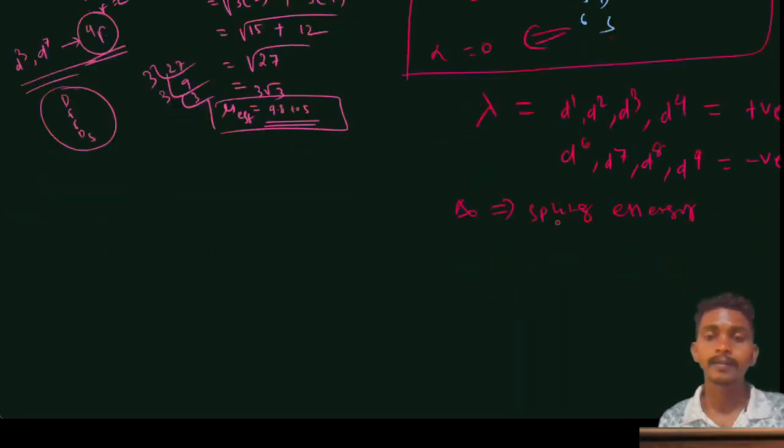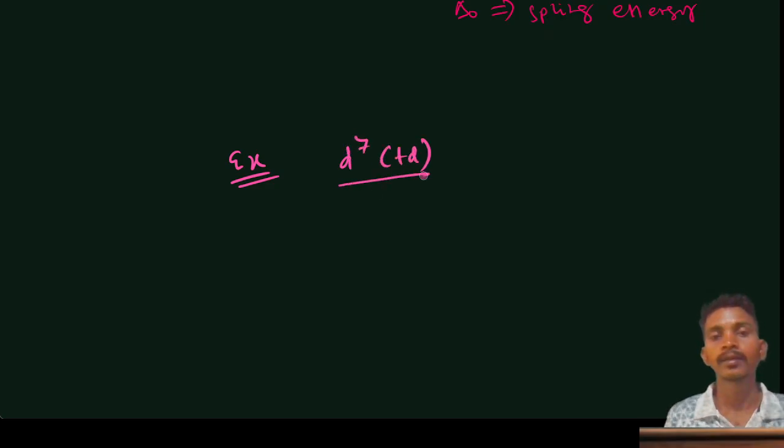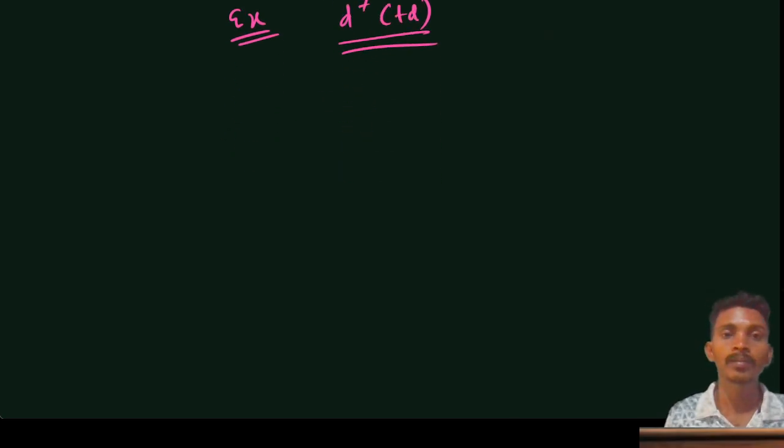Okay, let's say for example, a tetrahedral d7 case. What is there for this case?